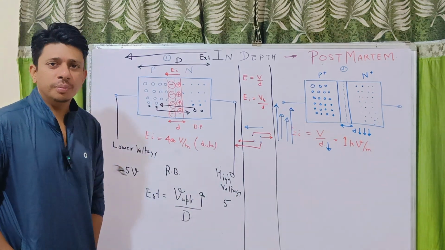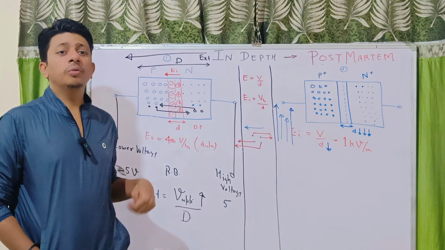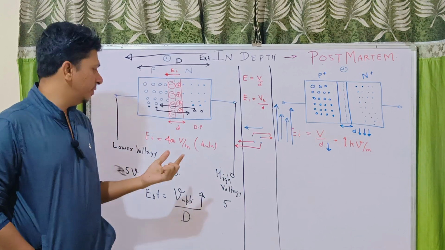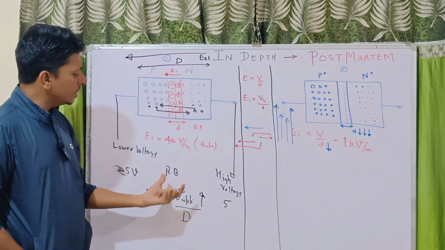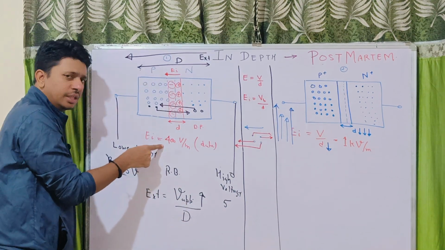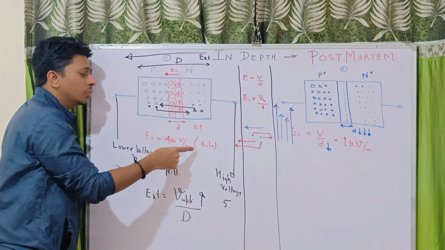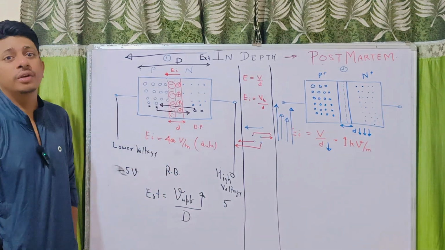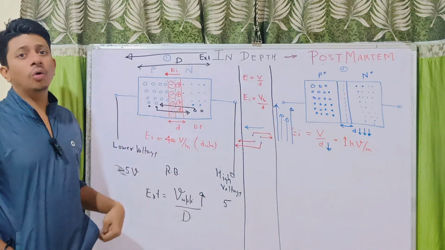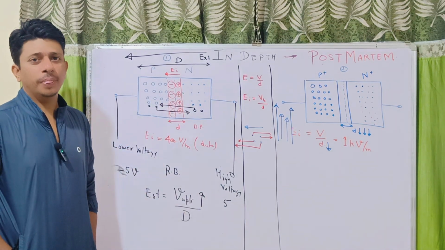For sudden rupturing of covalent bonds, we want a high electric field. Although this condition is increasing the internal electric field to a certain level, it is not enough to break all the covalent bonds.